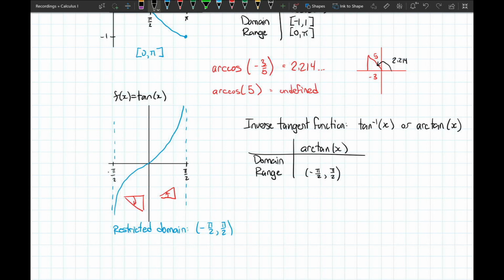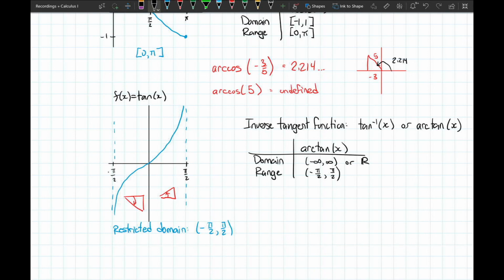Well, looking at this blue curve that comes from tangent, if we restrict that, you can see it ends up going down to negative infinity, and it goes up to positive infinity, and it covers the entire y-axis. And so the domain of arctangent x is all real numbers.